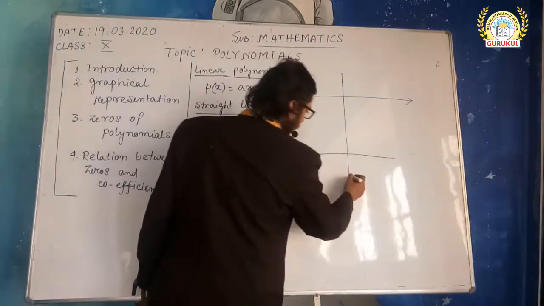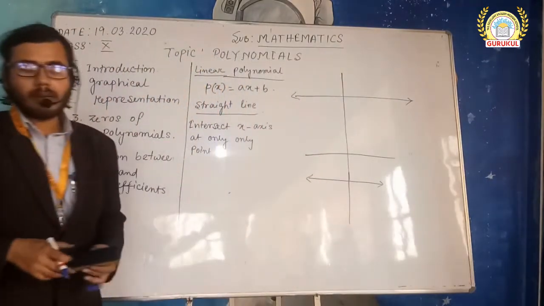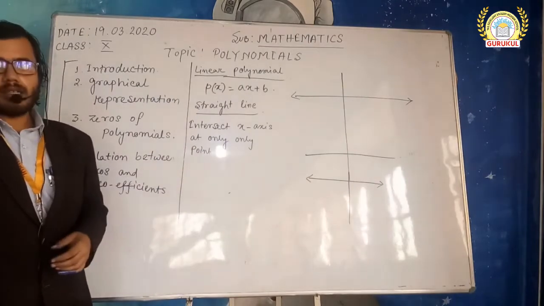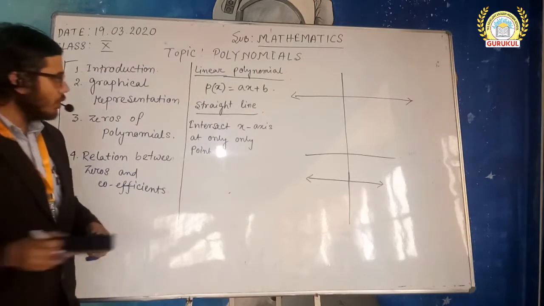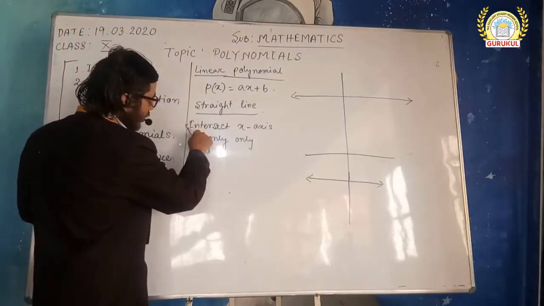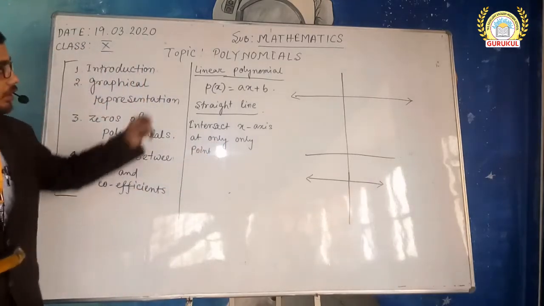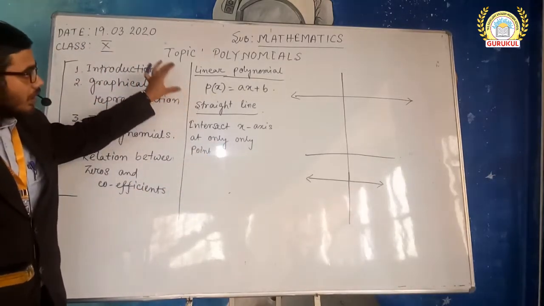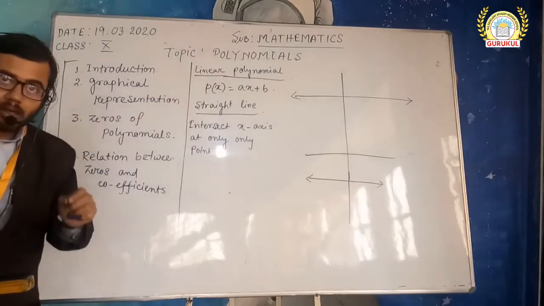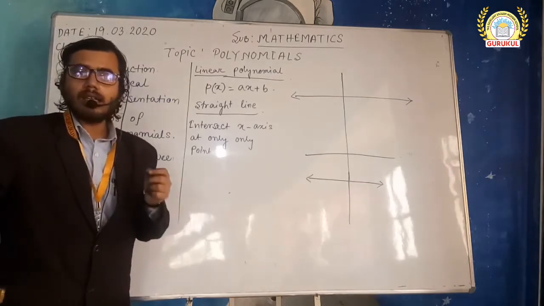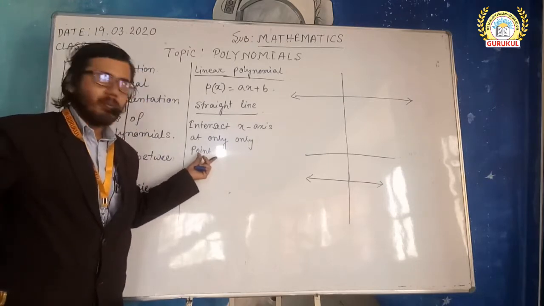So I can say that it intersects the x-axis at only one point, that is true. But I am not saying every straight line is going to intersect. But if a straight line intersects the x-axis, then that intersection will be only one point.